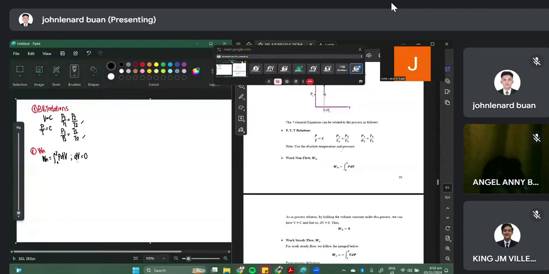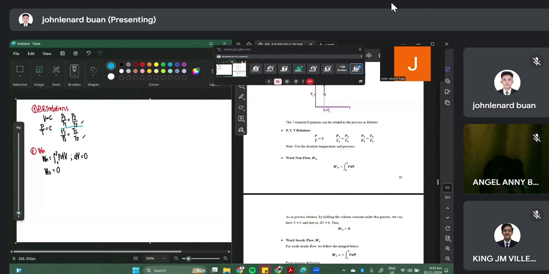Which simply means that when we evaluate it, it will give us a value of 0. Therefore, the work non-flow under an isochoric process is 0.